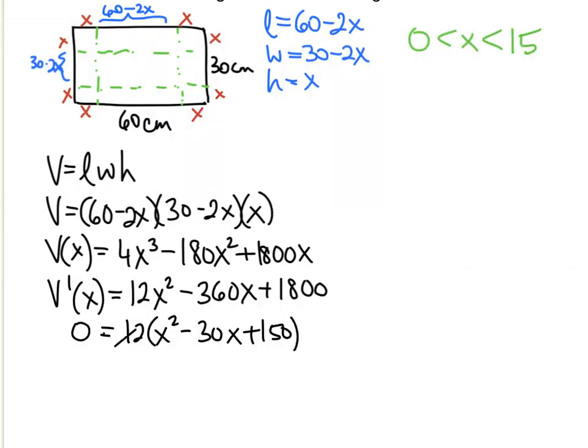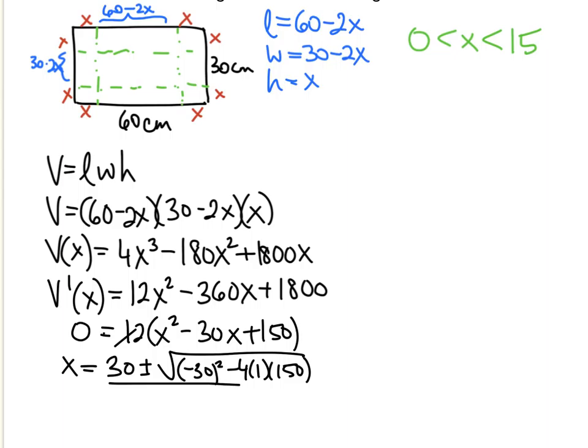So that 12's gone. Now trying to factor this, it doesn't seem factorable, so we're going to need to use the quadratic formula. So it's going to be 30 plus or minus the square root of negative 30 squared minus 4 times 1 times 150, divided by 2 times 1.